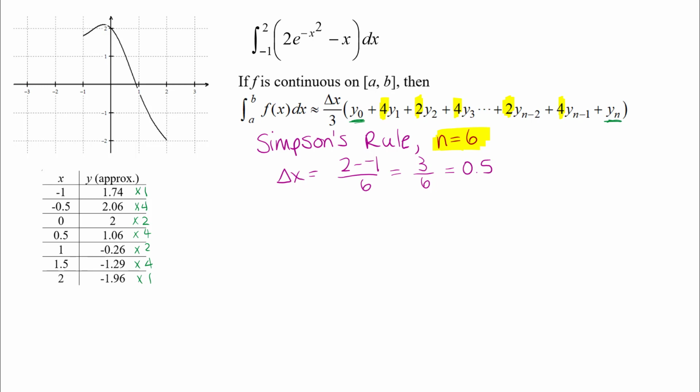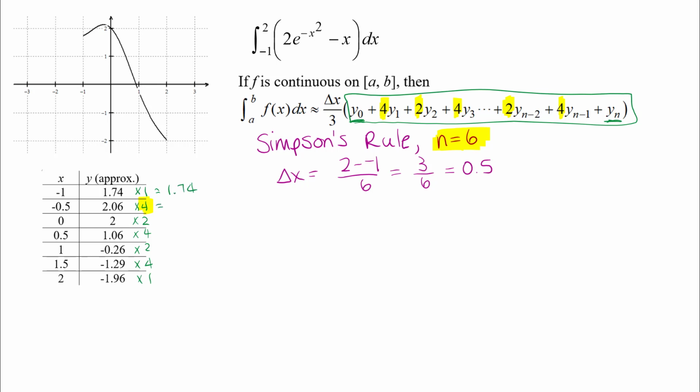If you can remember the pattern and how it starts, 1, 4, 2, and then you're alternating 4, 2, and you end with 4, 1, that will help you get the sum that you need inside the box here. So this formula probably does require a little bit of memorizing and practice making sure you can write this down.